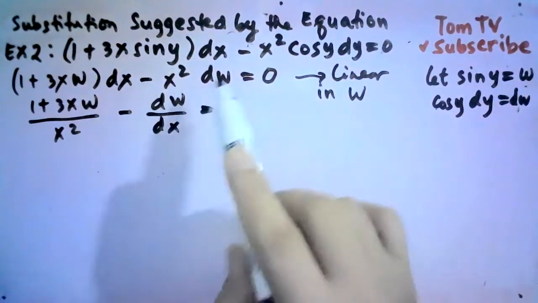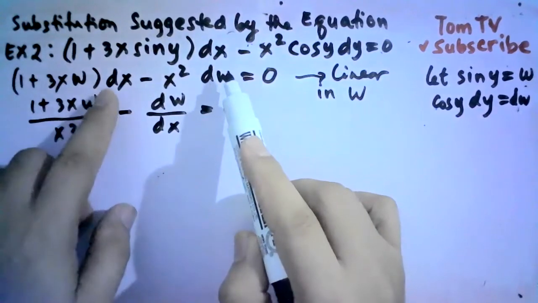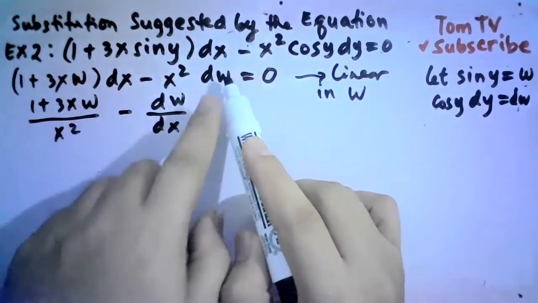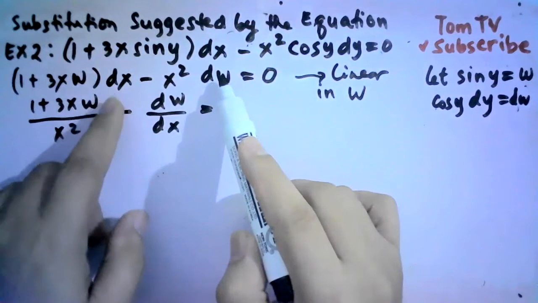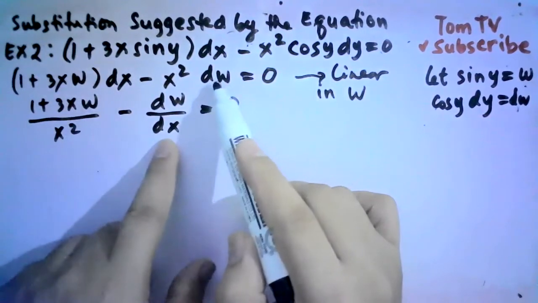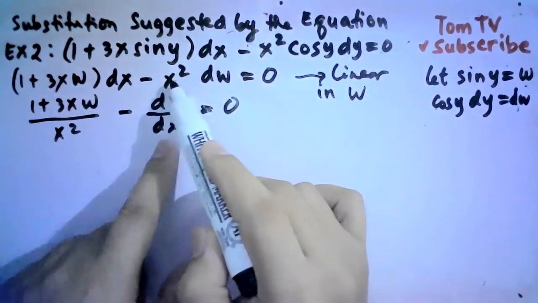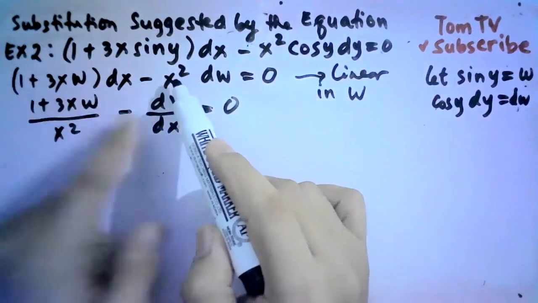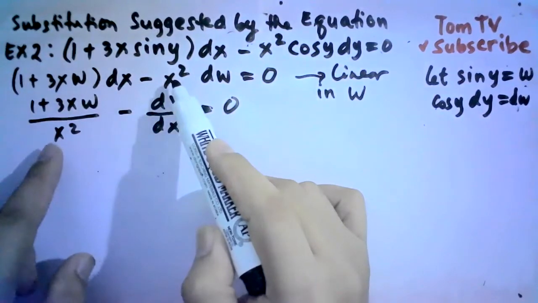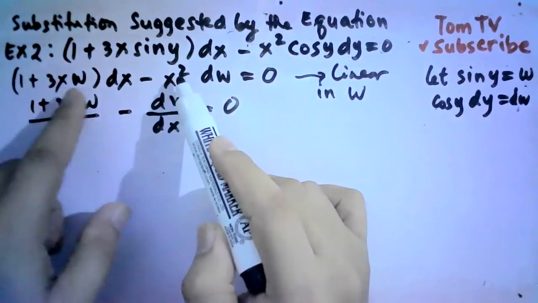So for this case, the dx will be transferred to dw, so it will become the denominator of your dw. And then this x squared will be transferred to this group, so it will become the denominator for 1 plus 3xw.